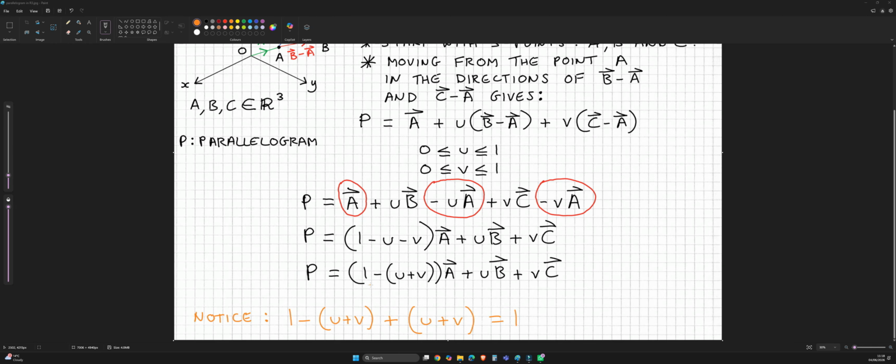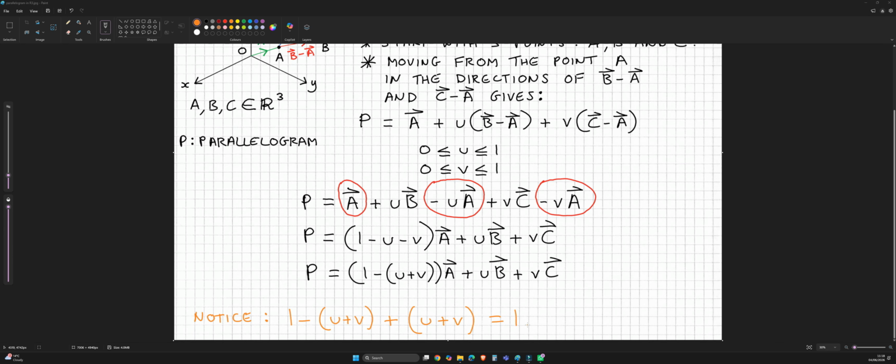When you add up the scalars, 1 minus (u plus v), u and also v, you get the value 1. So we've got the equation of the parallelogram, which is up here. Including these conditions, we also know that 1 minus (u plus v) plus u plus v is equal to 1.